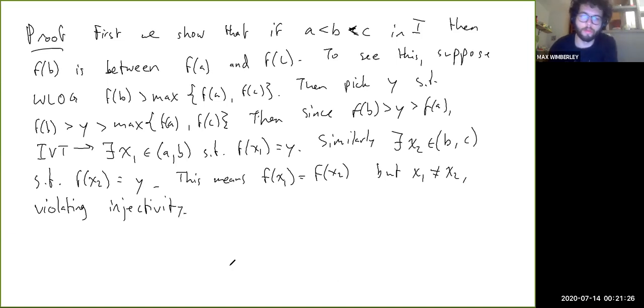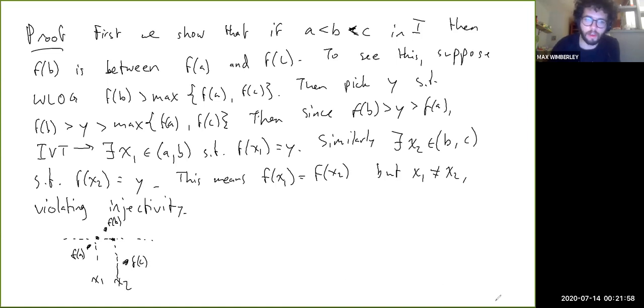Right, so basically we have this picture here, and we picked our y here, and we found two x values, x1 and x2, where f achieved the value y, right? So this is like f of a, f of b, f of c.